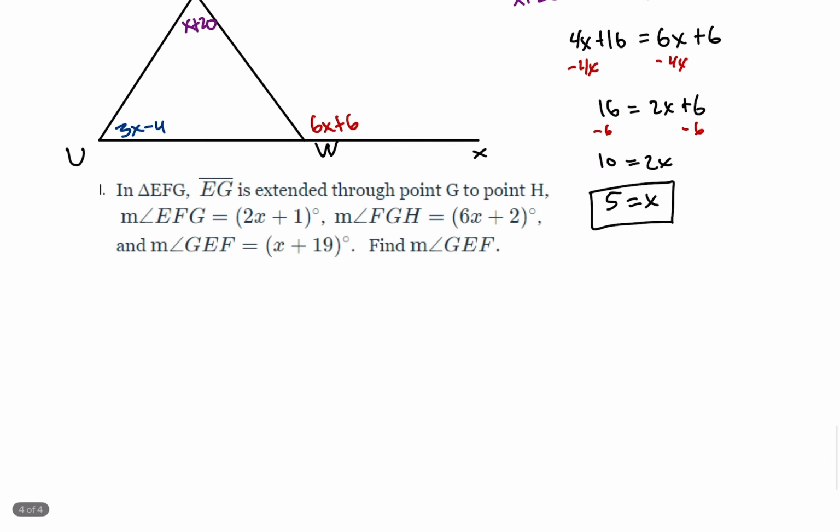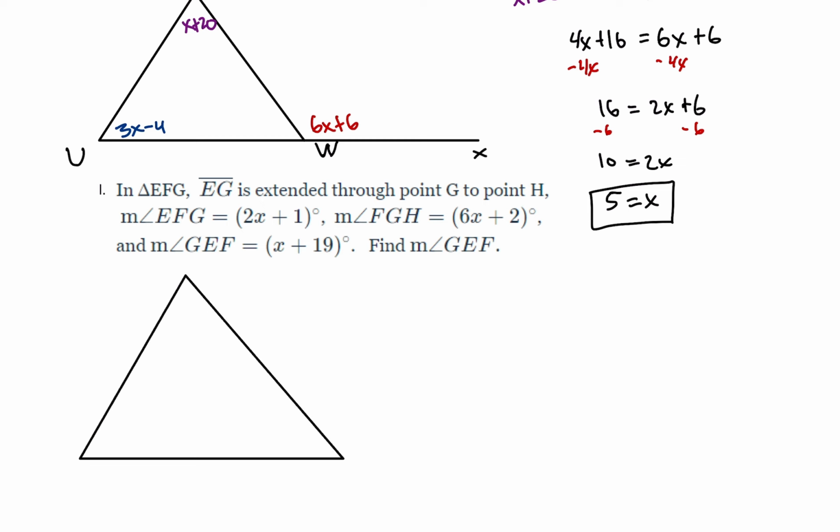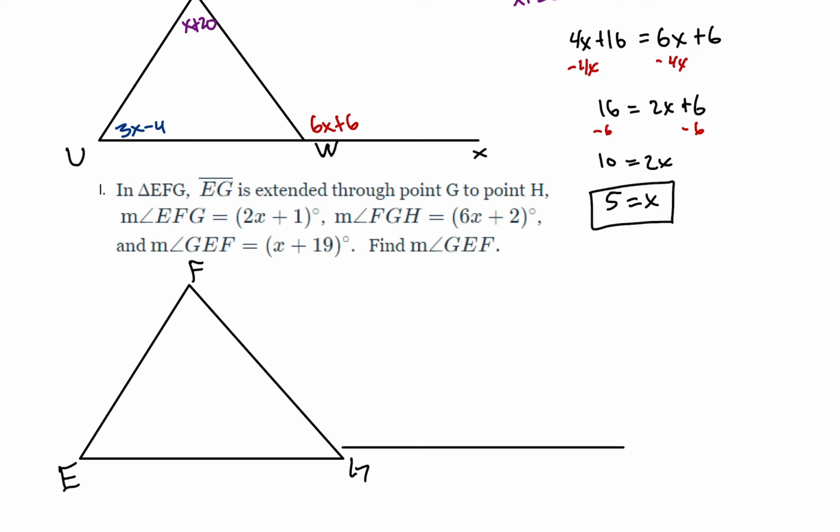Okay, now looking at the last one here. So I've got another triangle. It's called EFG. So I'll draw one more triangle here and label it EFG. And then again, this line is extended to a point H. And then the measure of EFG is 2x plus 1, so 2x plus 1 goes right here.